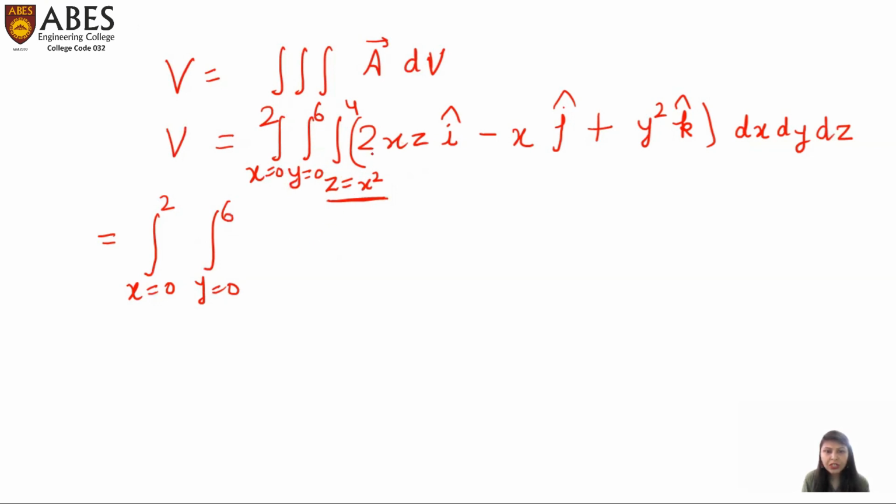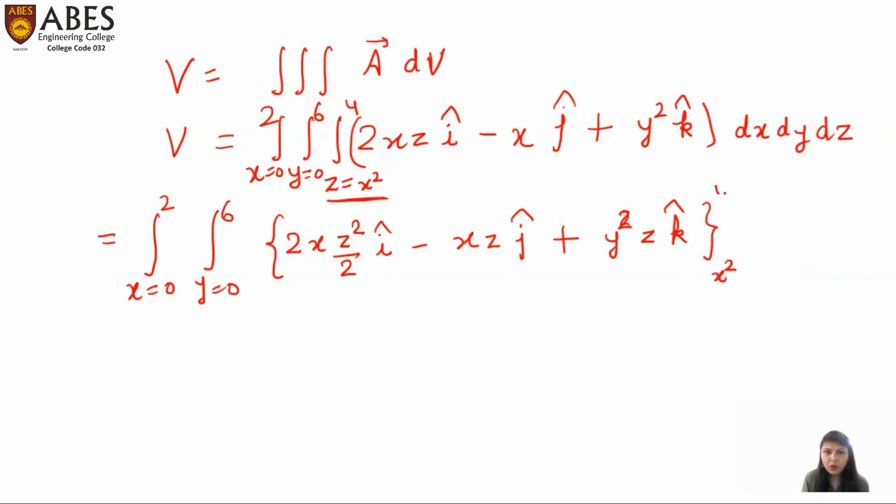When we integrate the first term with respect to z, we get 2x, and z gives z square by 2, along with i cap, minus xz j cap, and the integration of this part is y square z into k cap, and the limit of integration is x square to 4. Now dx dy comes.